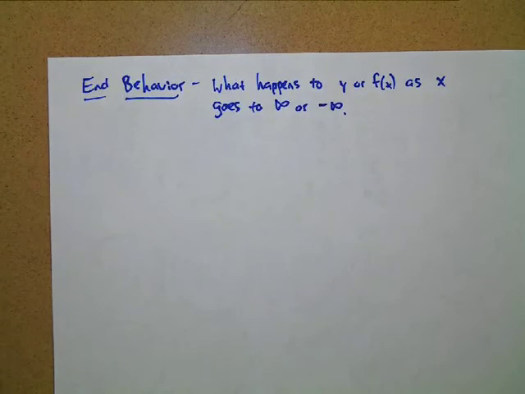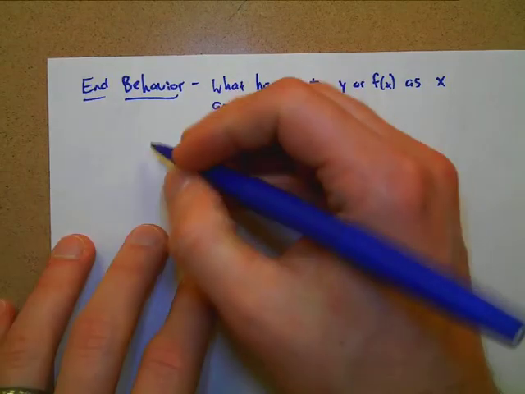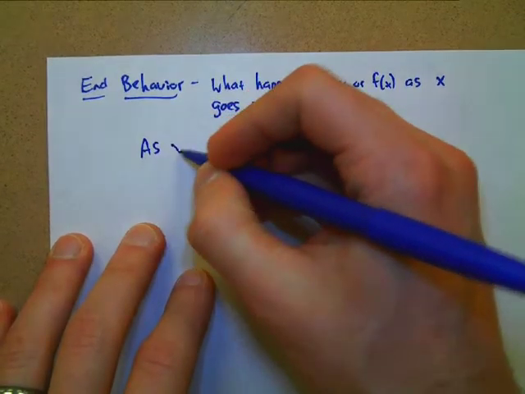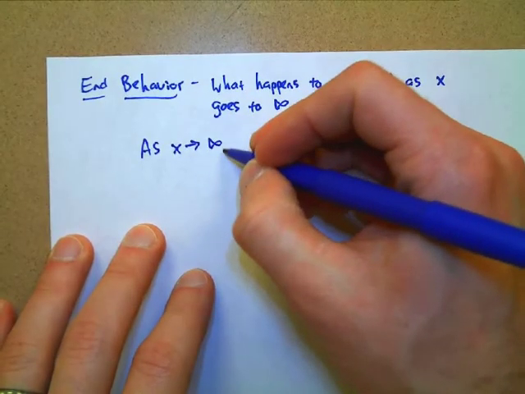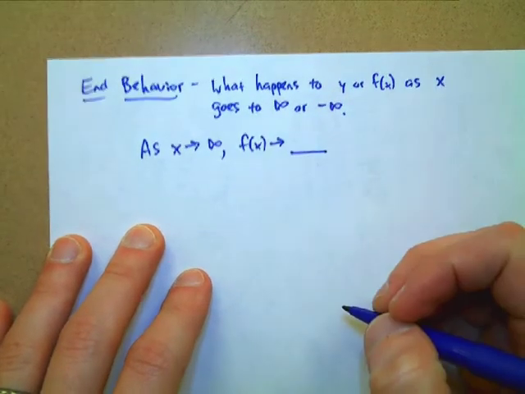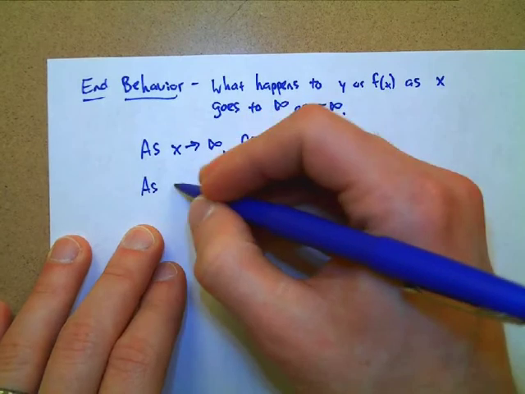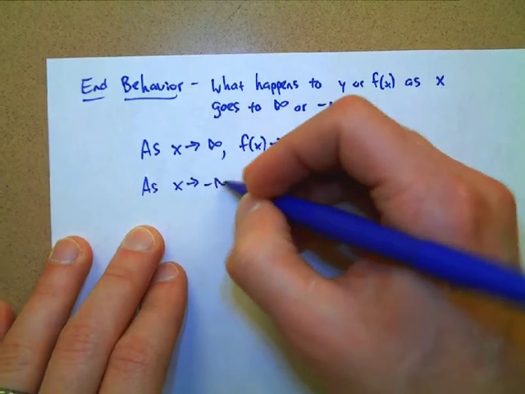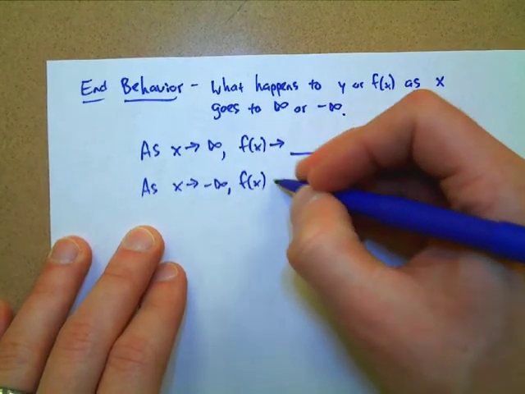The way we're going to describe that is like so. We'll say as x approaches infinity, f of x approaches, and then we'll put in a blank. And we'll fill in that blank. And then we'll describe as x approaches negative infinity, f of x will approach, and then a blank.